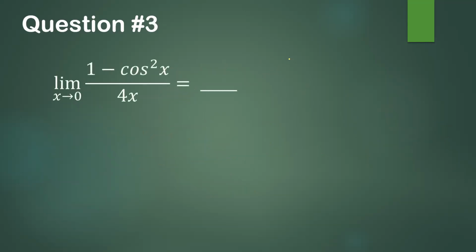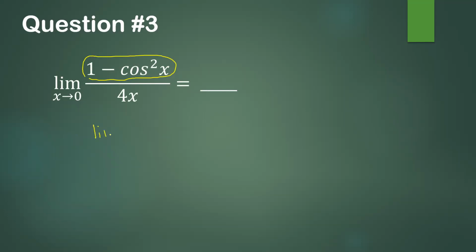What is the limit as x approaches 0 of 1 minus cosine squared x all over 4x? Okay, fast forwarding our timer. This 1 minus cosine squared is actually an identity. That is sine squared, no?